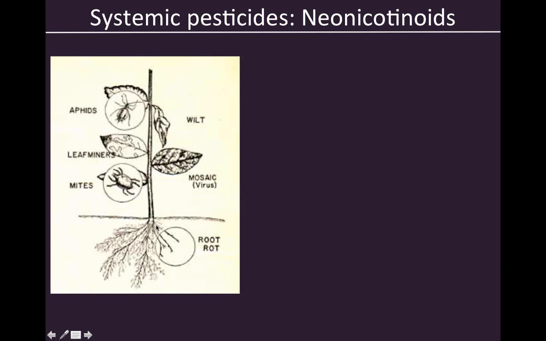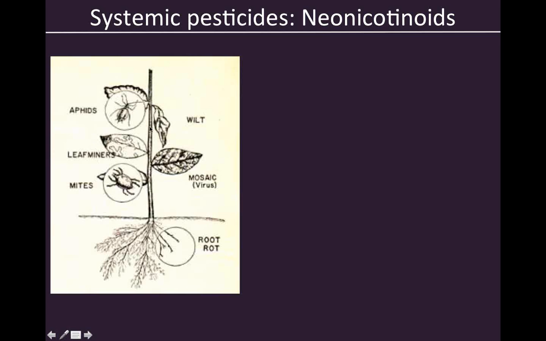The seeds are treated with these insecticides, and when they germinate, the insecticide is going to be inside the system, inside the plant, and all the parts of the plant are rendered poisonous.